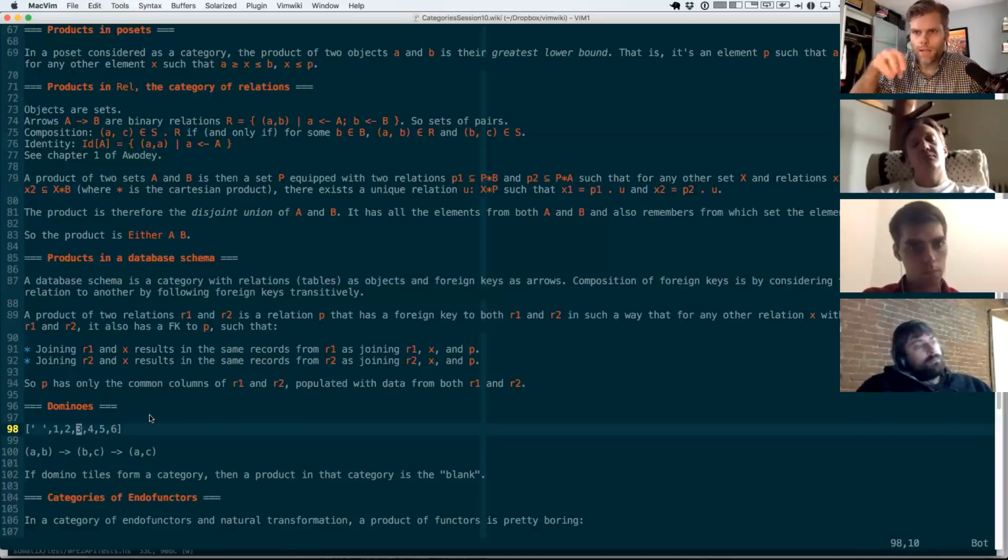Like we can put any domino basically on there to get an arrow into 2 or 3, right? Oh wait, do P1 and P2 need to be unique? I'm not sure that they do. I think we just have multiple products. So there's one for each tile basically that you might want to be able to put onto the end of the blank.